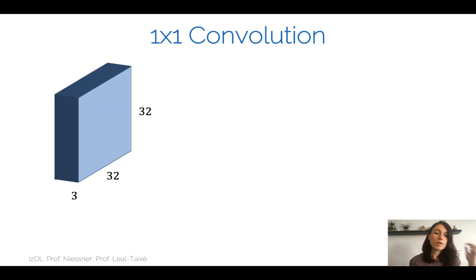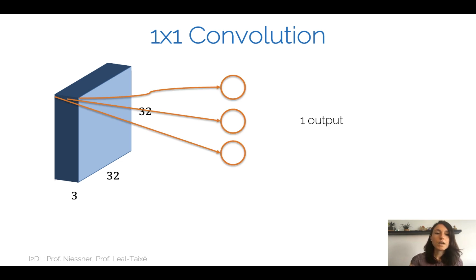So let's look now at this example here. With a matrix with a depth of 1, this is not really interesting, right? Doesn't do anything for us. But let's look at what happens when I apply a one-by-one convolution to an RGB image, which is 32 by 32 by 3. So of course, what I need to do is I need to have the depth which is equal to the depth of the input.